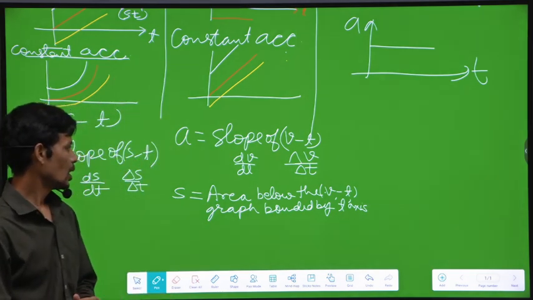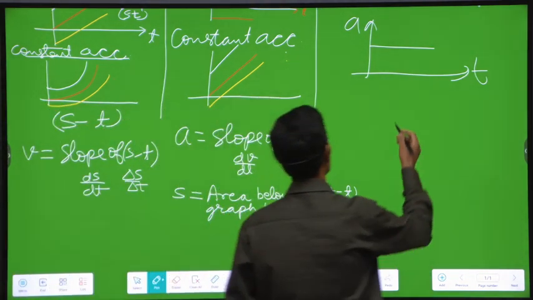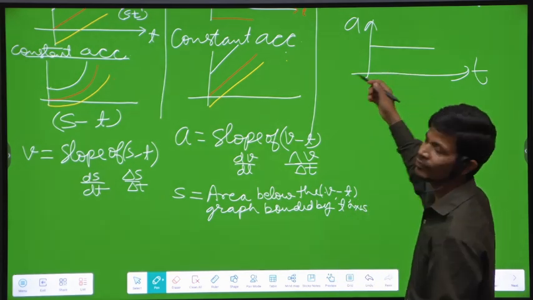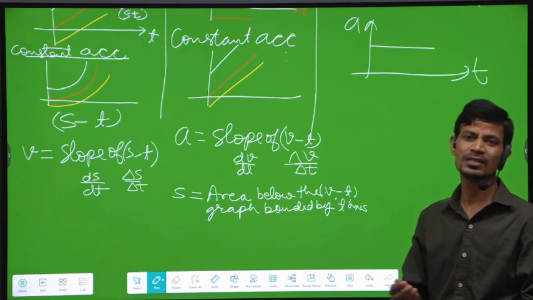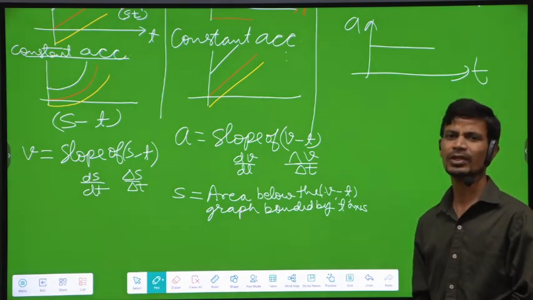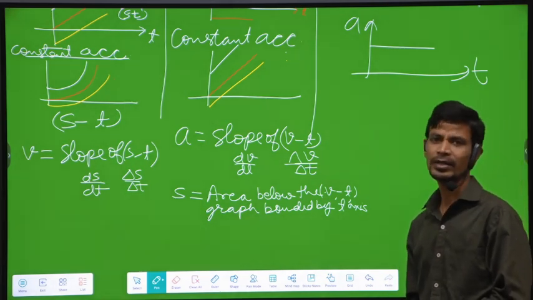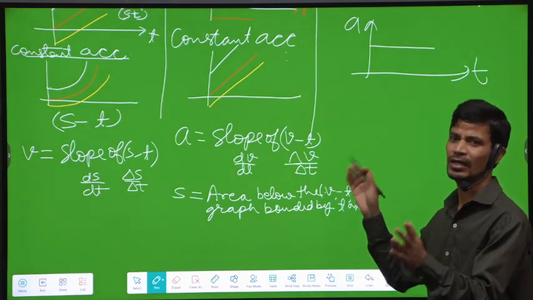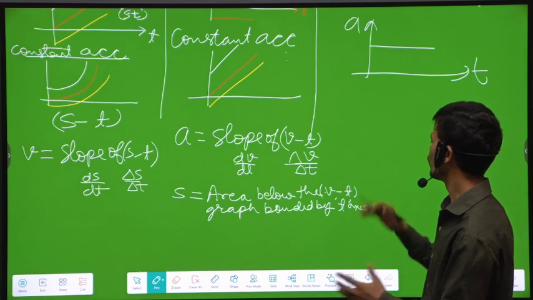And here also, we are not interested in its slope. Maybe in some cases we would require it, but that is a secondary thing. Then we'll use some calculus, so don't worry about it.